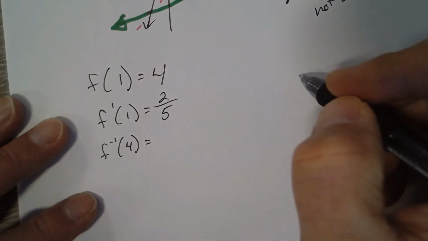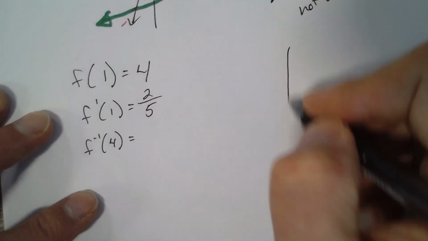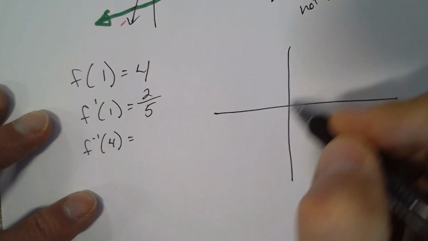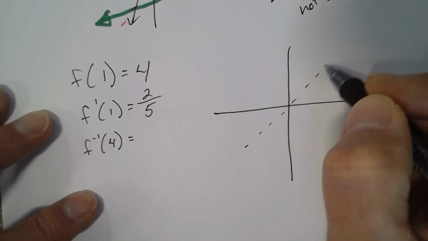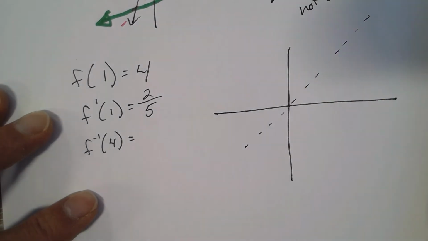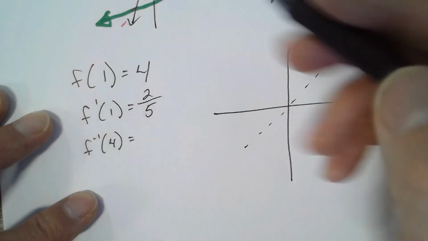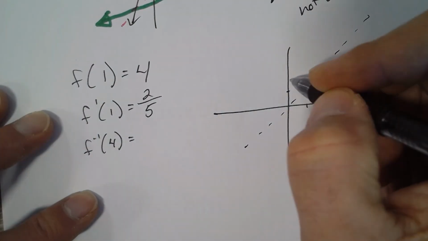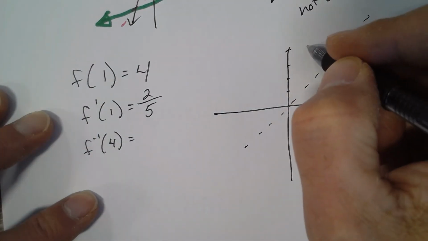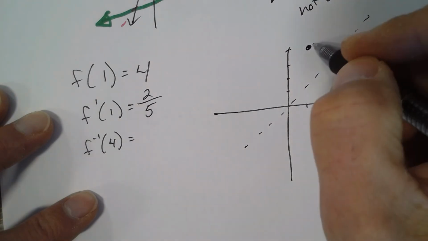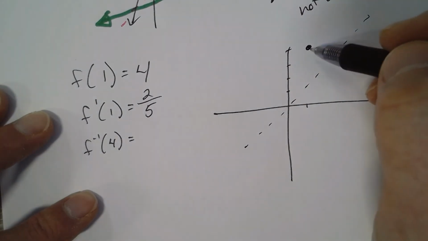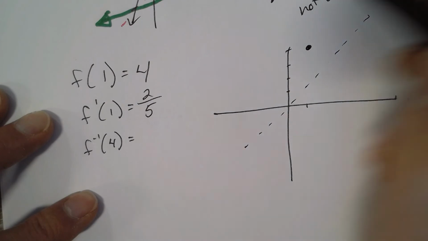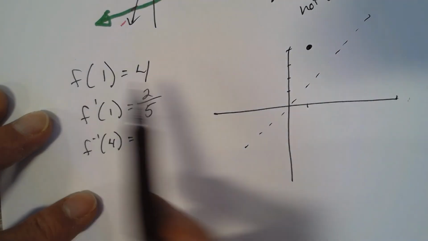Well, if this was our function, and I was going to just plot what we know, that's the line y equals x. f of 1 equals 4, so if I go over 1, up 4, it exists right here. That's f of x, and then the point 1 comma 4 exists on f of x.